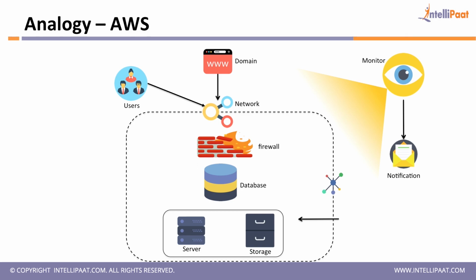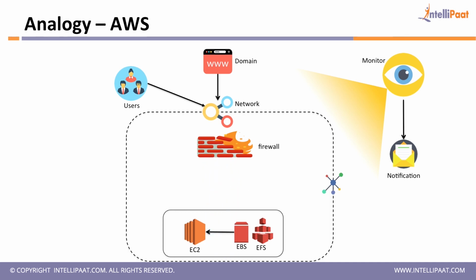Now let's see how AWS fits in all these things. Instead of a server, you have EC2, which is a service provided by AWS. Instead of storage, you have EBS and EFS, which of course are eventually connected to your EC2 instance, which is your server.